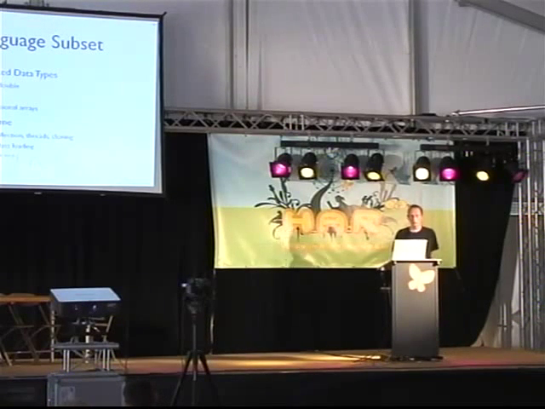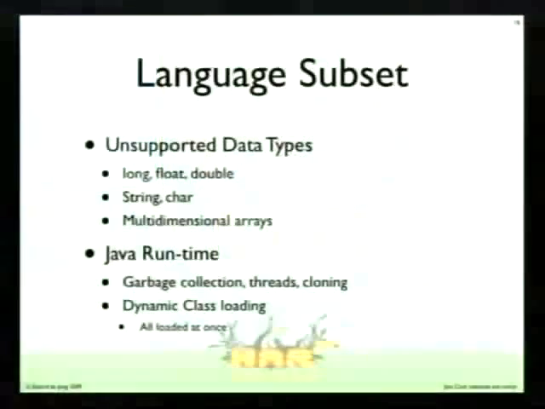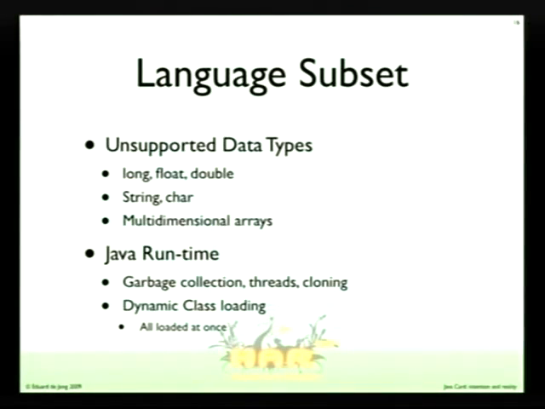So there's no longs, no floats, no doubles, no ints, no strings, no char, and there's no multidimensional arrays. It's pretty limited. The limitations came from the small size that we needed at the time. And still, if you look at RFID chips, they are still small, and Java Card is still very suitable for very small processors.